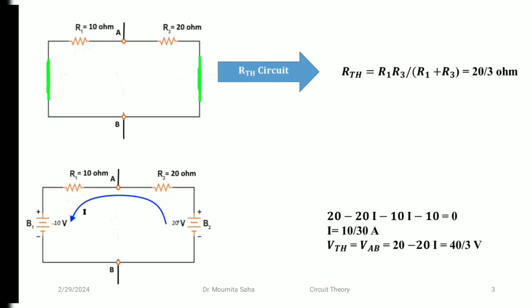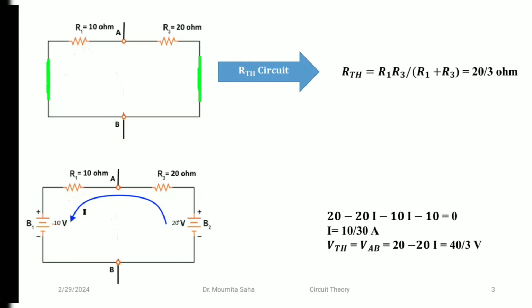When a river flows through its path, some soil soaks the water. Same here, when current flows through the resistors, some drop happens. The drop is recognized as voltage drop, not current drop.